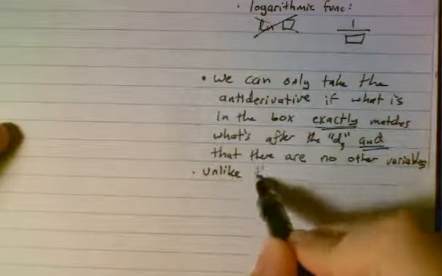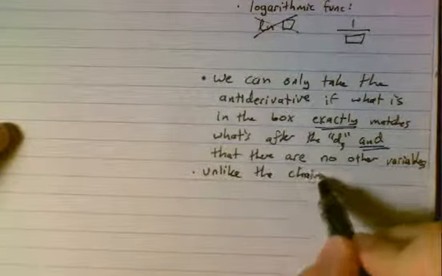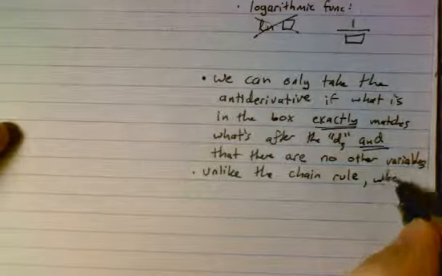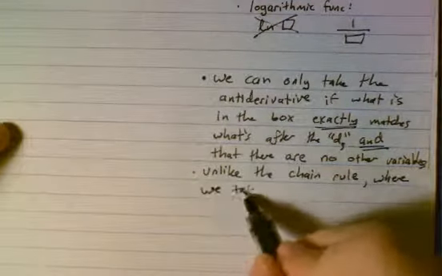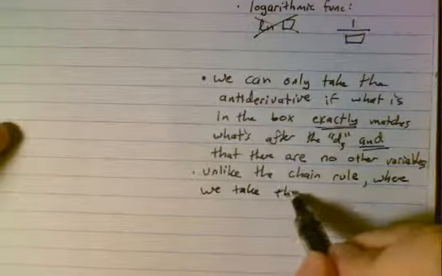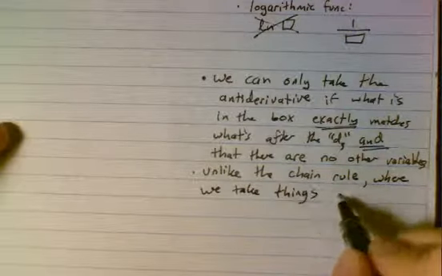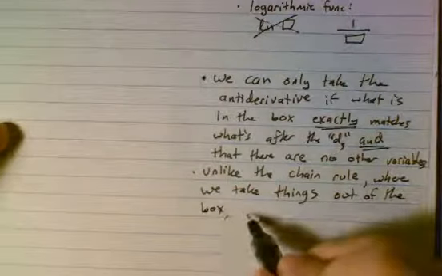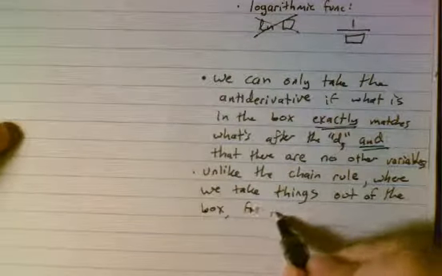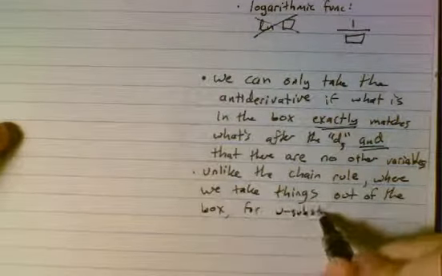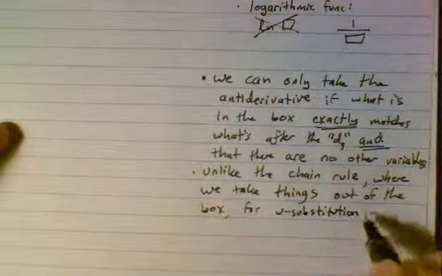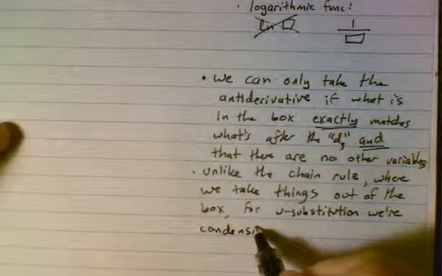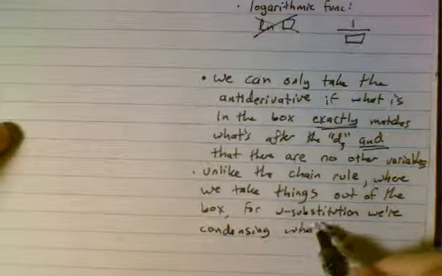Unlike the chain rule, where we take things out of the box, for U substitution, we're condensing what's in the box.